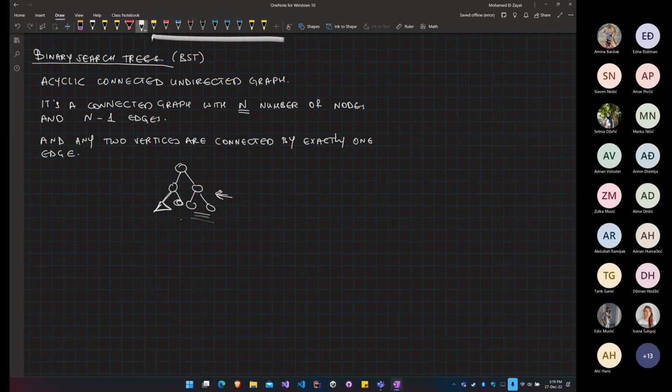Sometimes we use a triangle as a notation to substitute a large, or relatively large, part of the graph, or the binary tree, or the BST, whatever.